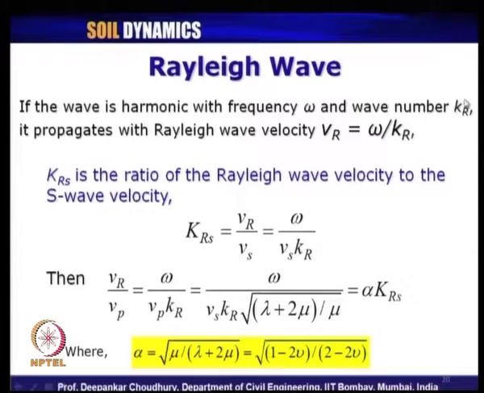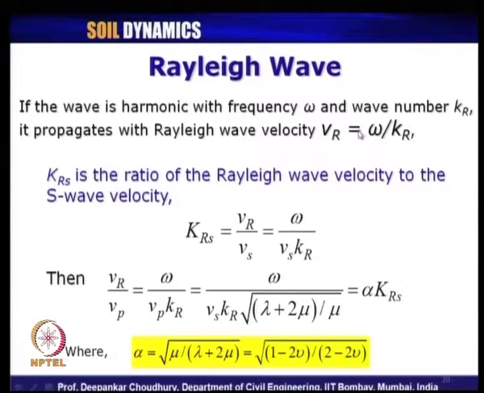It propagates with a Rayleigh wave velocity, and in that case the velocity is expressed by V suffix r. Earlier for primary wave we have used V p, for secondary wave we have used V s, now for Rayleigh wave we are using V r.